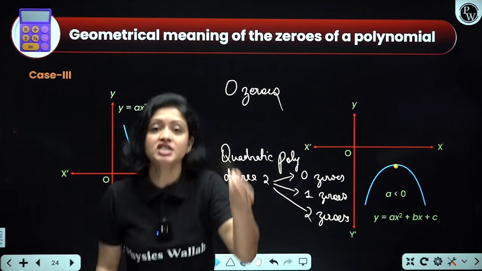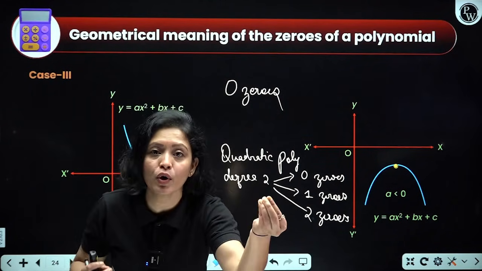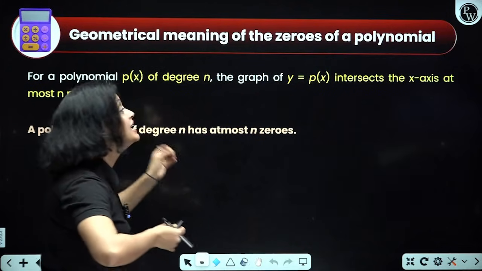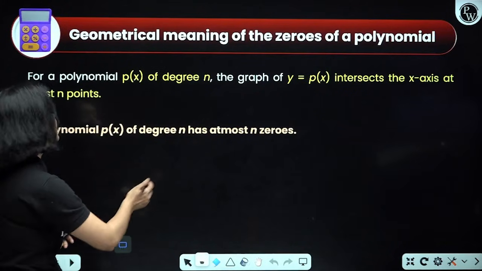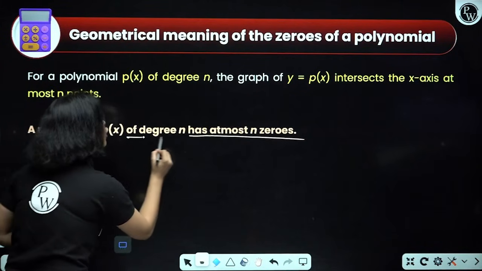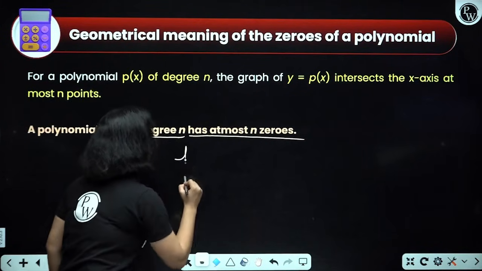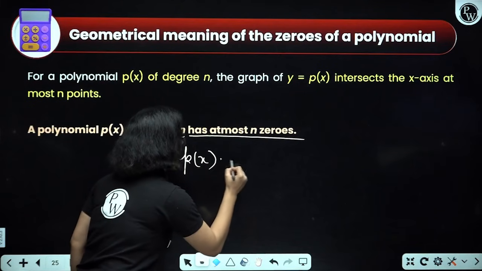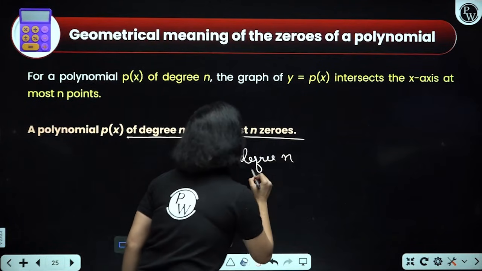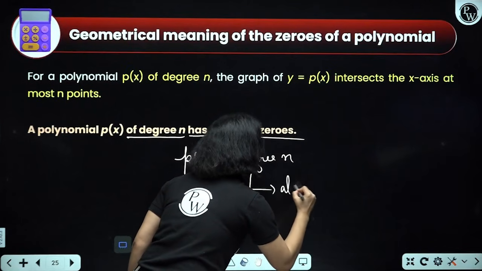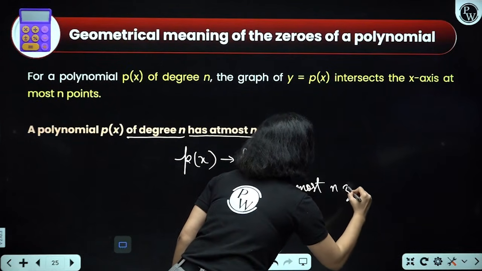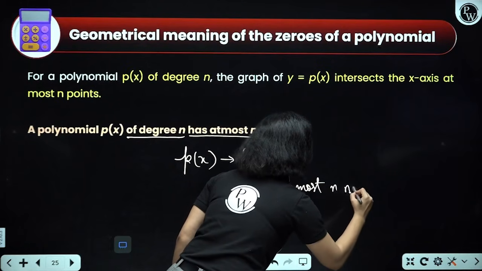So the relationship between the degree of a polynomial and the number of zeros is that the number of zeros would be at most n for a polynomial of degree n. If a polynomial p(x) has degree n, then it will have at most n number of zeros.